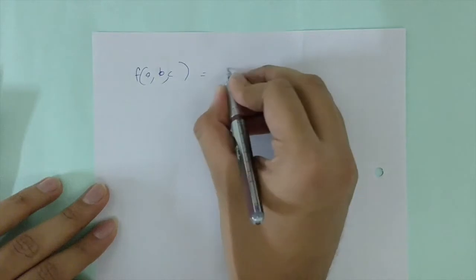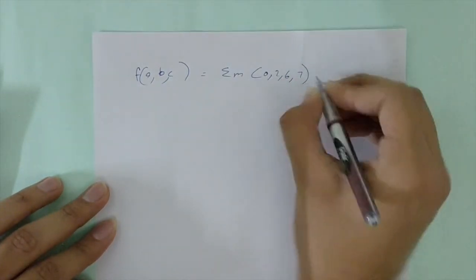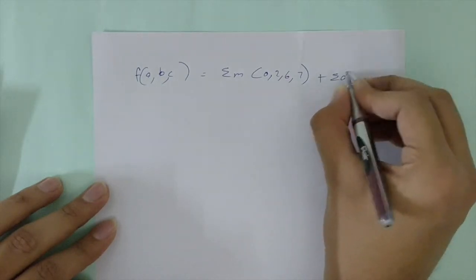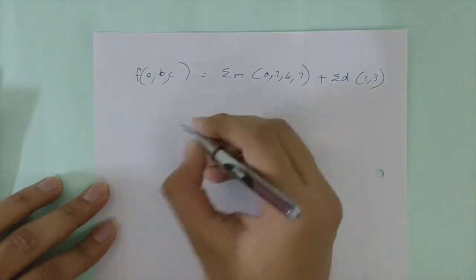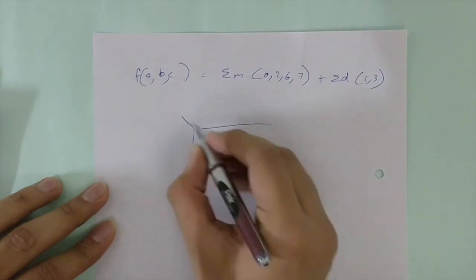Here we have three variables, A, B and C, and these are the numbers which we'll use. I'll just make the K-map right now.